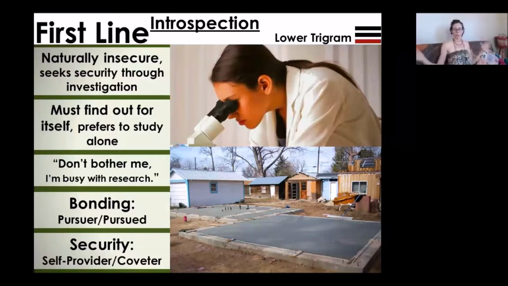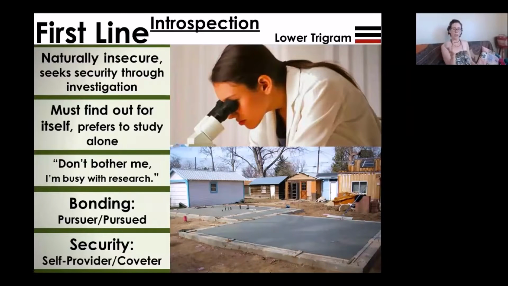So for a 1-3, their bonding strategy would be pursuer pursued, because the 1 is the personality, the first number. If that person were a 5-1, now the 1 is not their personality, it's their unconscious or the body.